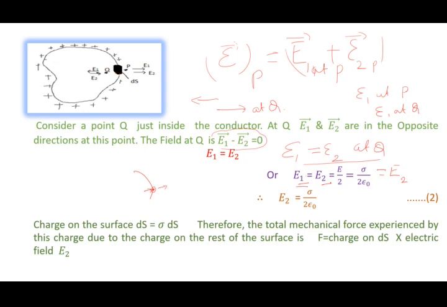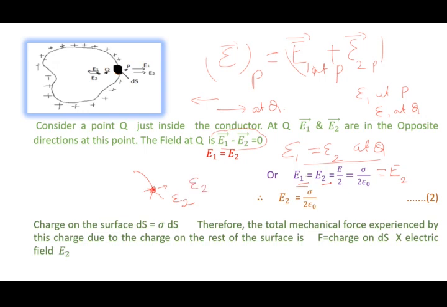Therefore, by assuming continuity, we can say even at this point the electric field due to the rest of the charges is E2.